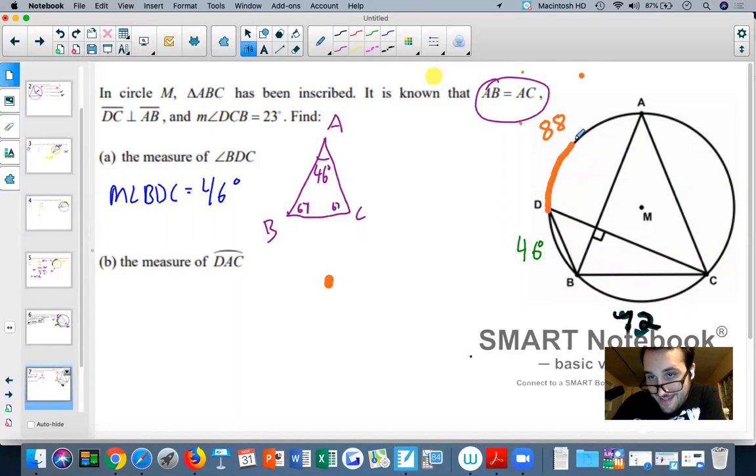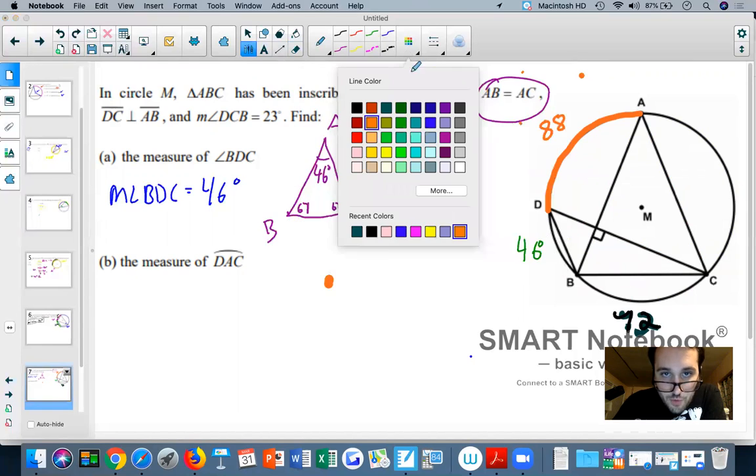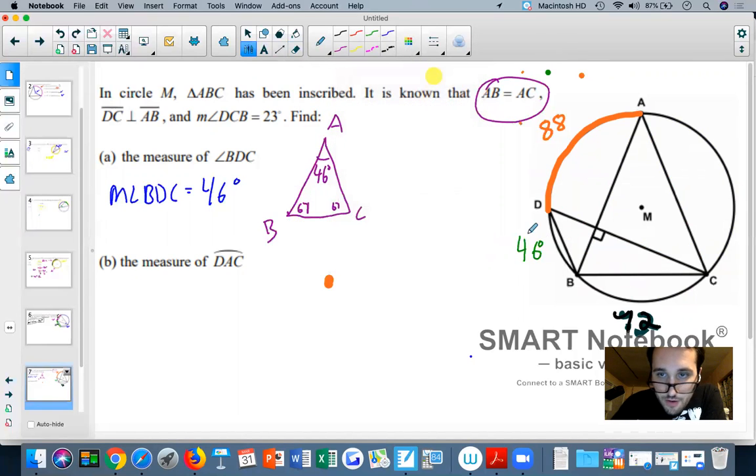All right. DA is 88. We also got that DB is 46. Remember how I said in the very beginning, these two lines are congruent. They're chords. So the arcs that they intersect are going to be congruent too.